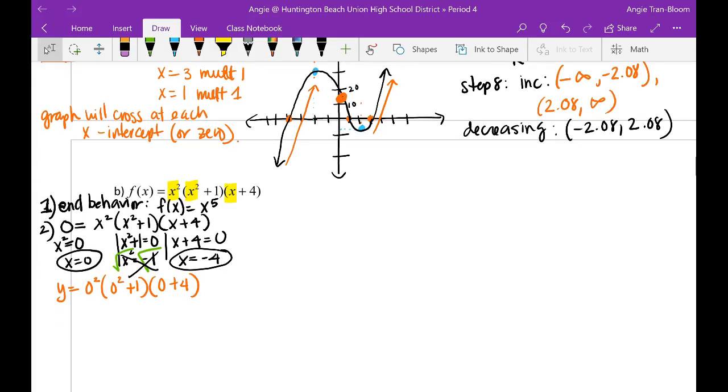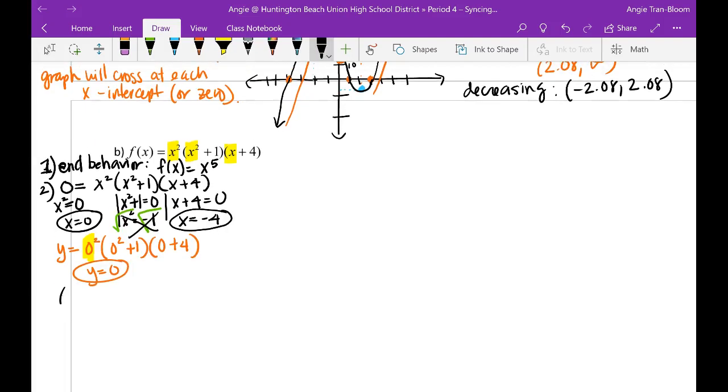Well, what is 0 times anything? 0 times anything, it's 0. So in this case, x-intercept and y-intercept happen to be at one location. So I'm just going to write them all together and I'll box it up, okay? So 0, 0. This happens to be both x and y-intercept, so I don't have to write it out twice. And then there's another x-intercept at negative 4, 0.